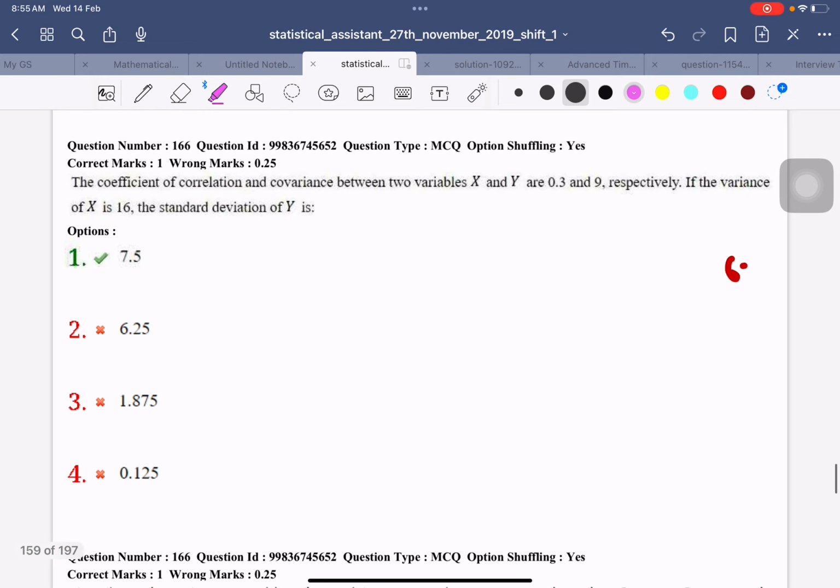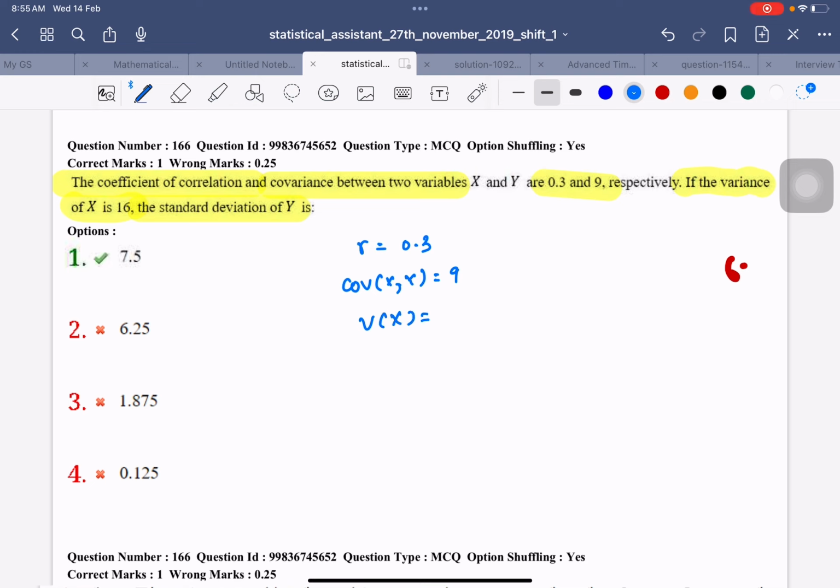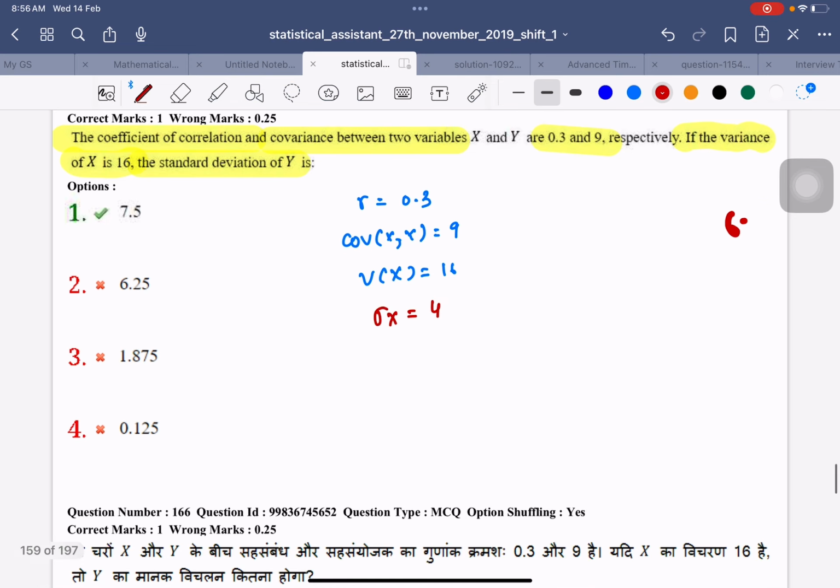Next is, the coefficient of correlation and covariance between two variables are 0.3 and 9. If the variance of x is 16, the standard deviation of y is. So हमें जो information given है सबसे पहले वो लिख लेते हैं. r is equal to 0.3, covariance equals to 9. Next, variance of x equals to 16. So variance अगर given है, so we can find sigma x, which is equal to 4, it is under root of 16.